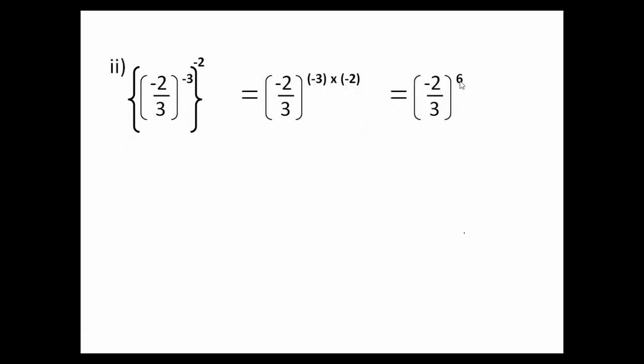Now we can distribute the power between the two, numerator and denominator. So what will it become? (-2) raised to the power 6 and 3 raised to the power 6.